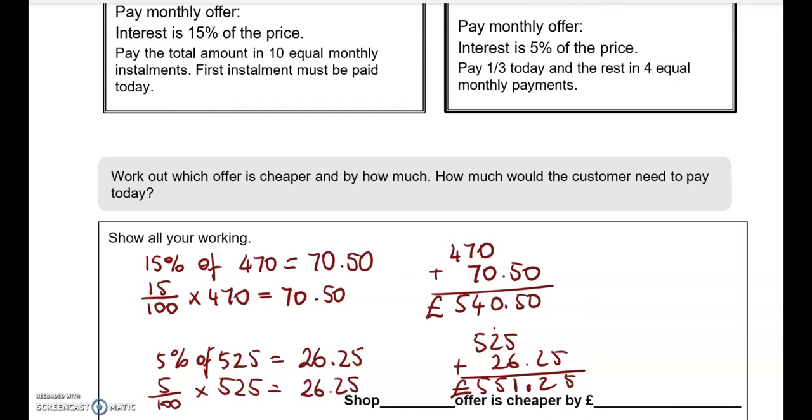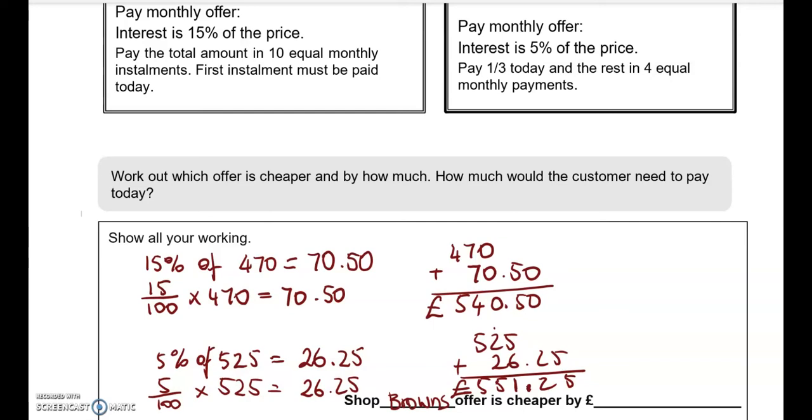So the total that would need to be paid with offer 2 is £551.25. So shop Brown's offer is cheaper by how much?